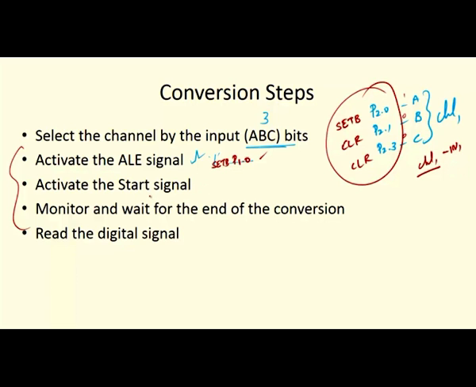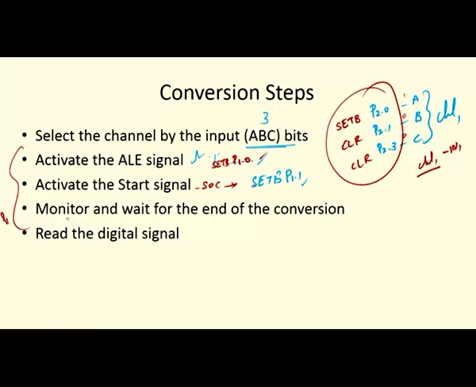Then you want to activate the start signal, which is the start of conversion. The start of conversion signal might be connected with port 1.1, so set bit of port 1.1 you can take. So, now ALE is active, then the start signal is also active. Now it starts the conversion, now only it is starting the process.